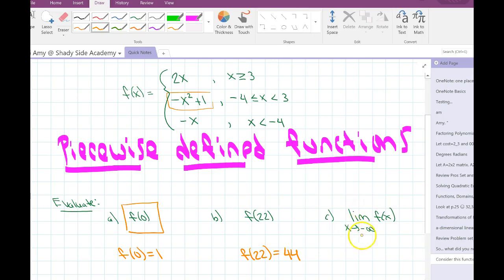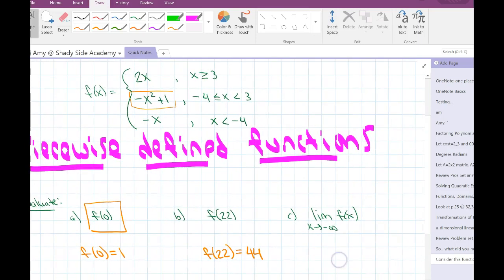So of course I'm going to ask a limit question here. This is asking you the limit as x approaches negative infinity of f of x. This is saying, as x approaches negative infinity, what is f of x approaching? Well, what piece of the function am I thinking about?